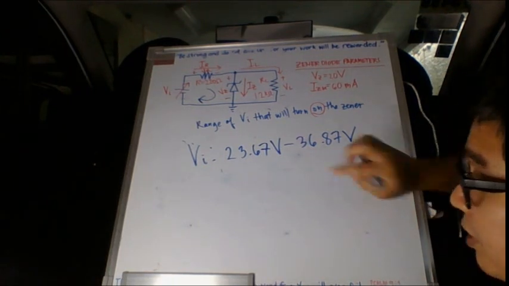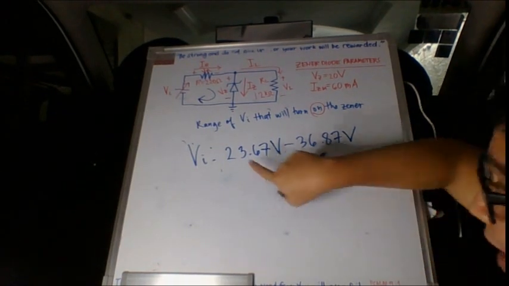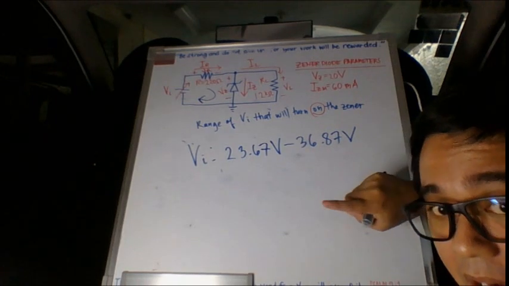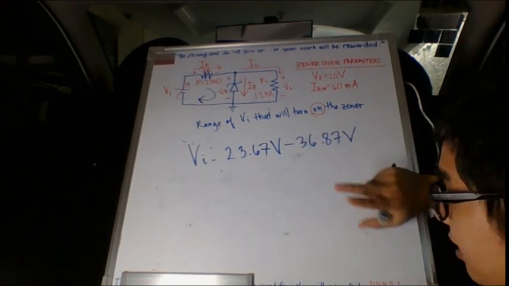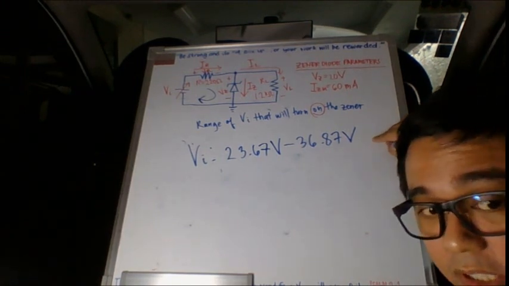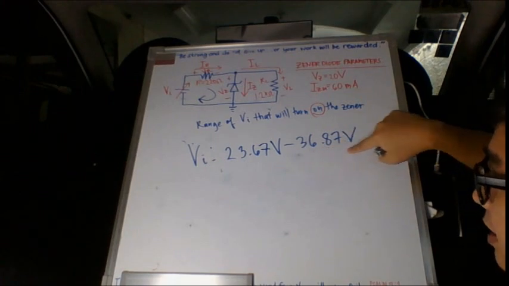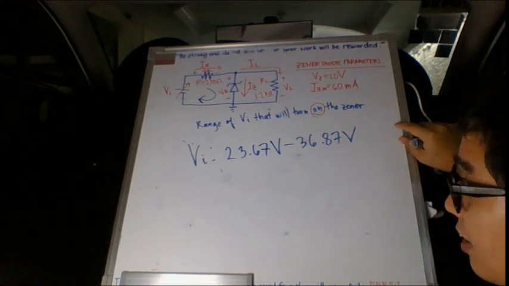What if ang input natin is 20 volts? Pasok ba yun? Hindi. Dahil mas mababa siya dun sa minimum. Ang pinakamababa lang na dapat is 23.67. What if gumamit tayo ng 40 volts? Pwede ba yun? Hindi pwede yun. Dahil ang pinakamataas lang na dapat based on our calculation is 36.87 volts.